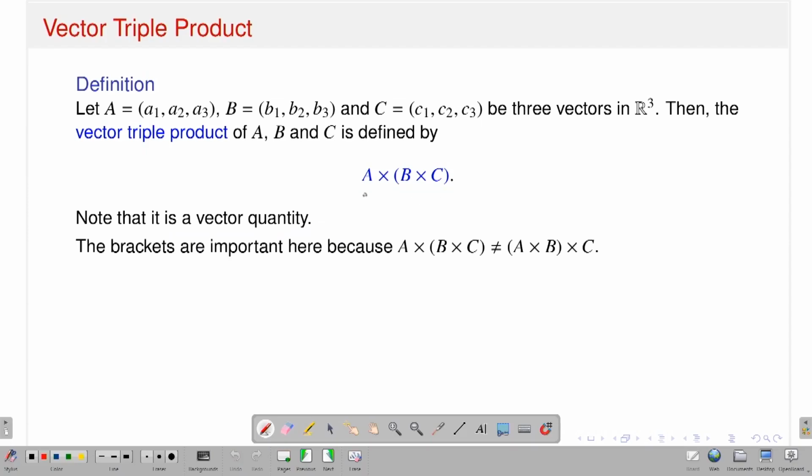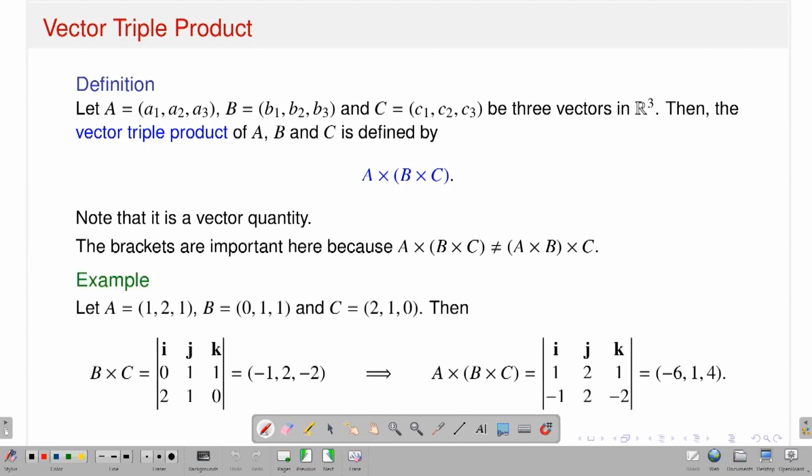The brackets in these expressions are important because A cross product with B cross C is not equal to A cross B product with C.